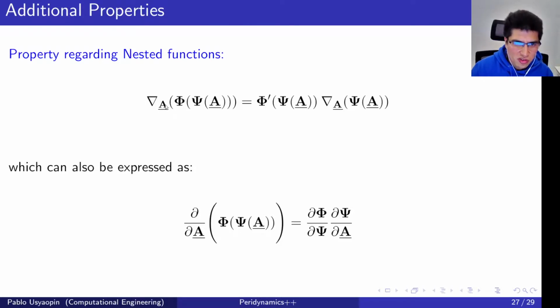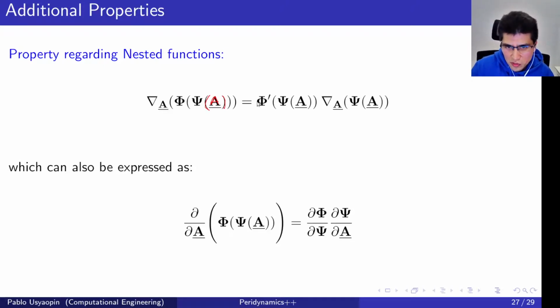So if we compute the Frechet derivative of some function phi that depends on an inside function psi, and this psi also depends on a, then we know that we have to apply the chain rule, right?